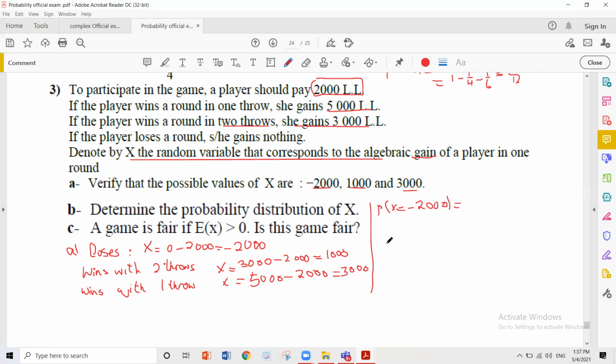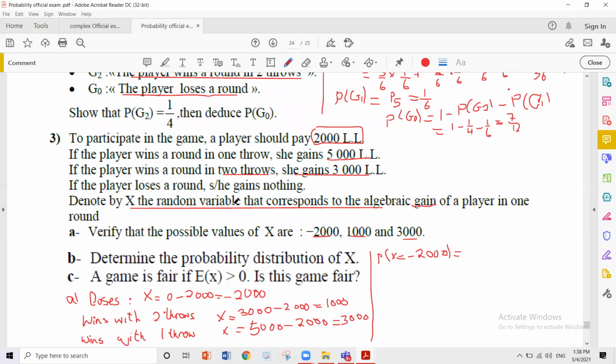How to calculate it? It is the probability of G0, which equals 7 over 12.